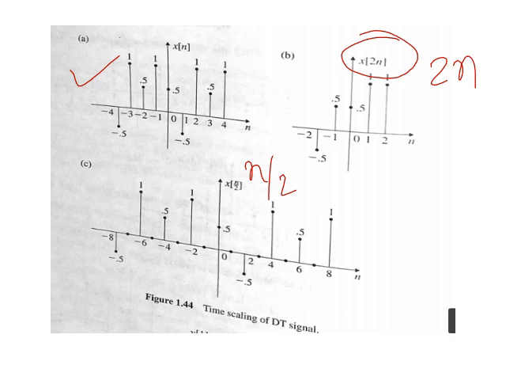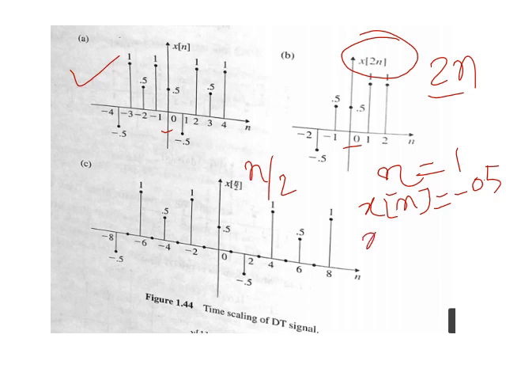So how will we find this? It is very simple to understand that the zeroth position will not change. Now originally at 1 you will have minus 0.5, so 2 into 1 is 2. See here, at n equals 1 in the original signal, x of n is minus 0.5.